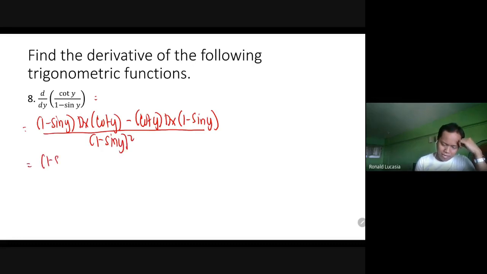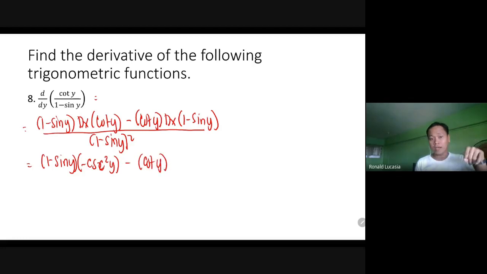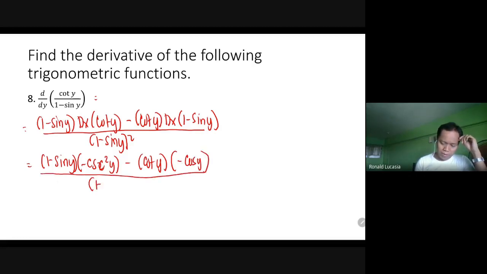So, 1 minus sine y, derivative ni cotangent y ay negative cosecant squared y, minus cotangent y, derivative ni 1 minus sine y. Ang 1 ay 0, ang negative sign ay negative cosine. Negative cosine y over 1 minus sine y squared.